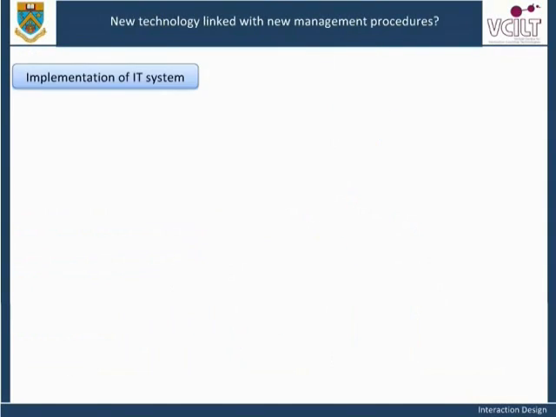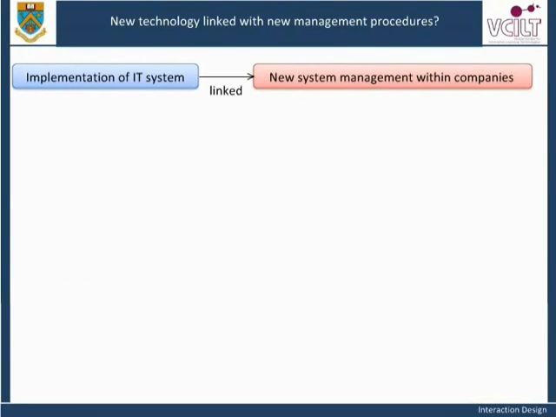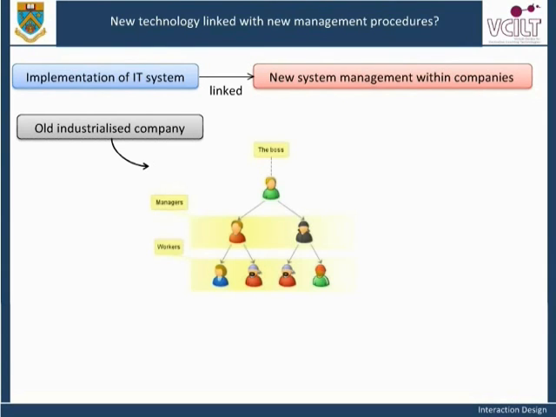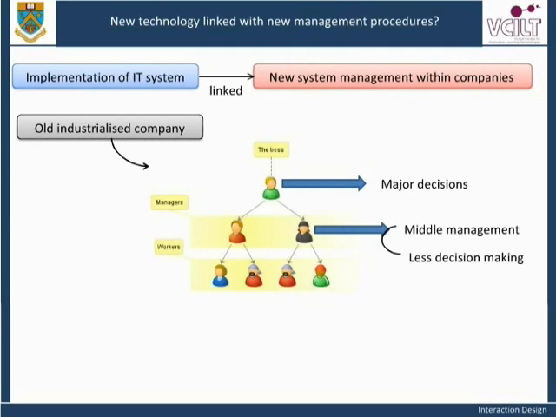Furthermore, the implementation of IT systems may need to be linked with new systems of management within companies. Old industrialized companies tended to have very hierarchical structures, with major decisions made at the top of the hierarchy and fed down through layers of middle management, with less and less decision-making responsibility to the unskilled workforce, who simply do what they are told.